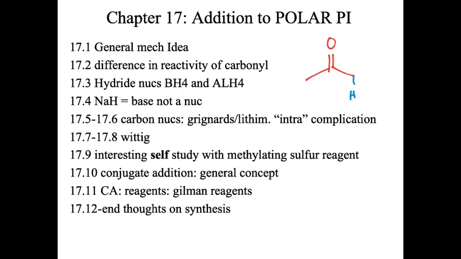Now what we're going to do when we move into chapters 17 and 18 is say that we have an electrophile in this structure, that carbon becomes electrophilic. So now I want to add all of these nucleophiles that we've talked about for six months in Chem 1, and react them with that carbon.